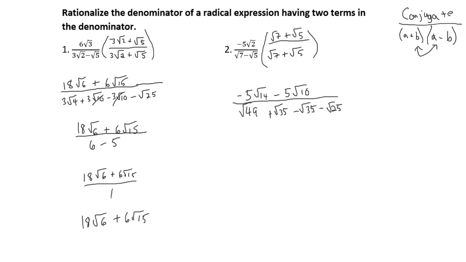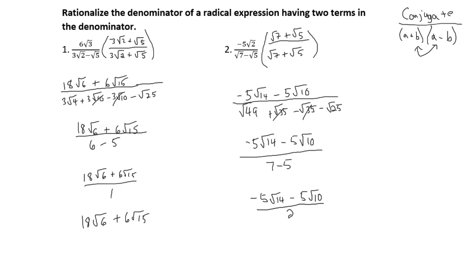So then we have negative 5 root 14 minus 5 root 10 all over, middles cancel again, 7 minus 5. So we get negative 5 root 14 minus 5 root 10 over 7 minus 5, which is 2. So that's how we multiply by conjugates. Let's look at some more.